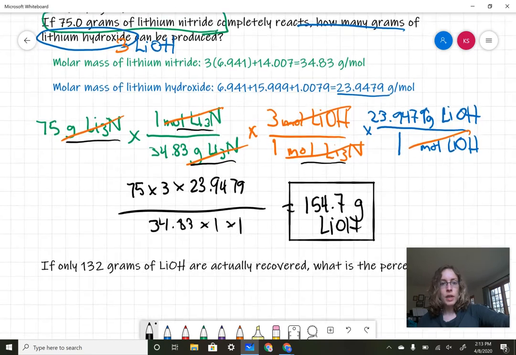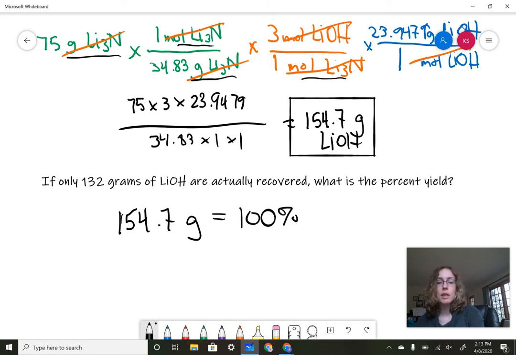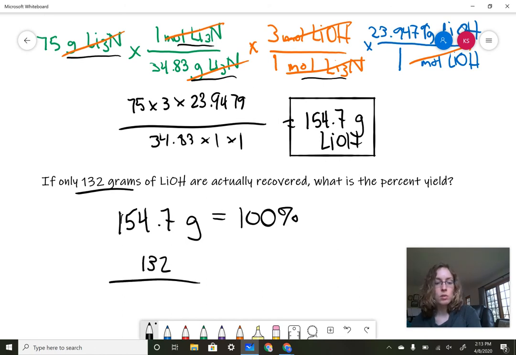Okay, let's move on to the last question here, which says, if only 132 grams of lithium hydroxide are recovered, what is the percent yield? So if I had gotten exactly 154 grams, that would be 100% yield. But this is not 100%. So to solve this problem, we just take 132 divided by 154.7 times 100.